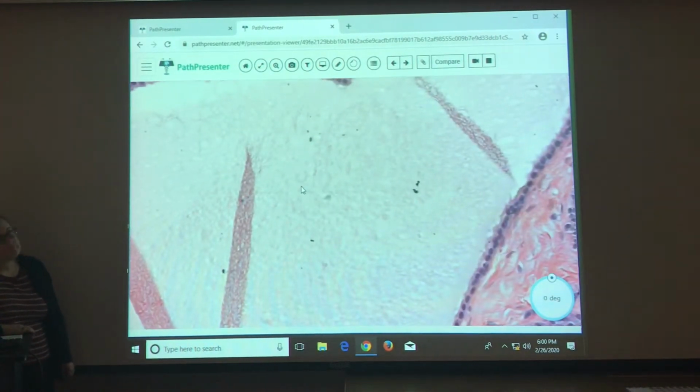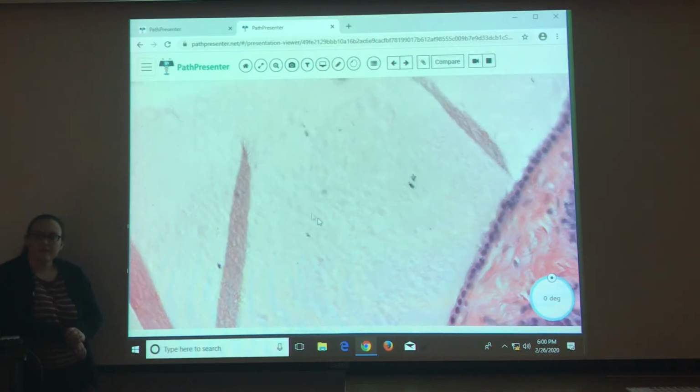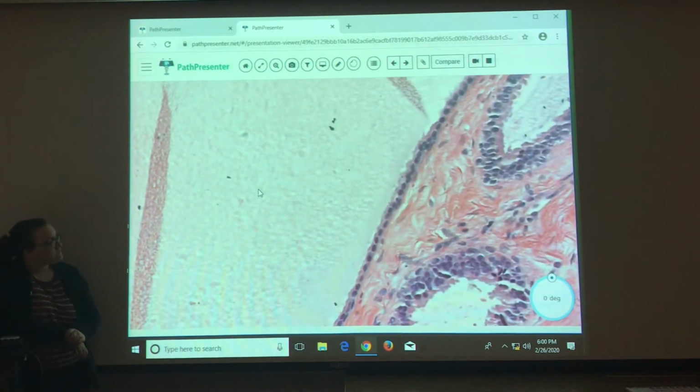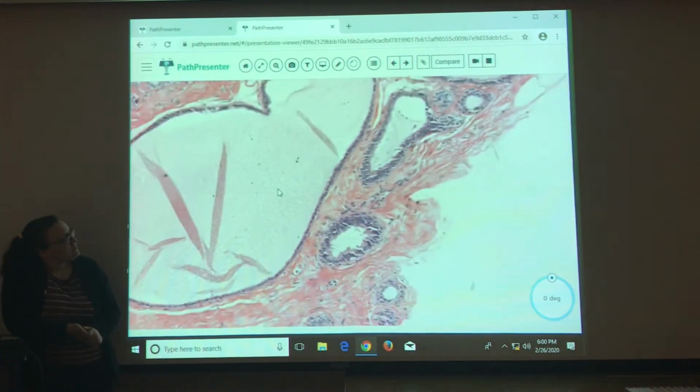So how would you tell the difference between this and, let's say, a microcyst? Microcysts are cystic, but you're not going to have the mucin.